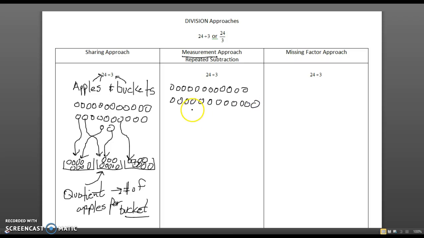So I'm going to see if I can get these drawn quickly. All right, so there are my 24 objects, and I am going to form groups of 3, and I want to know how many different groups of 3 I can form. So I'm measuring out groups of size 3.